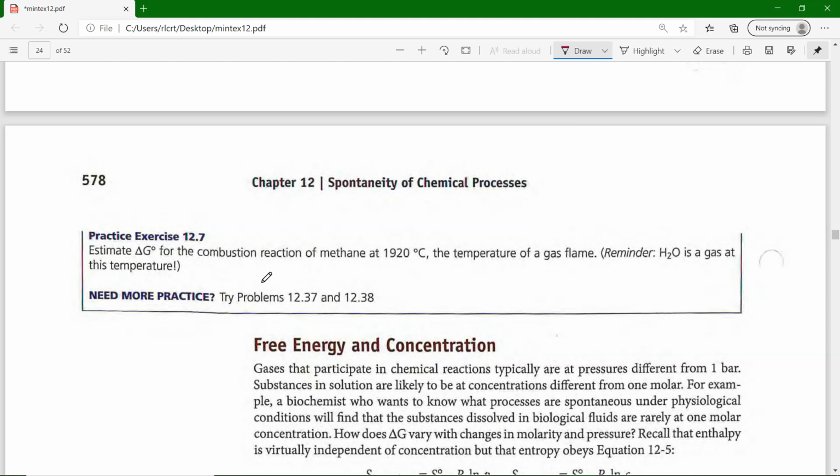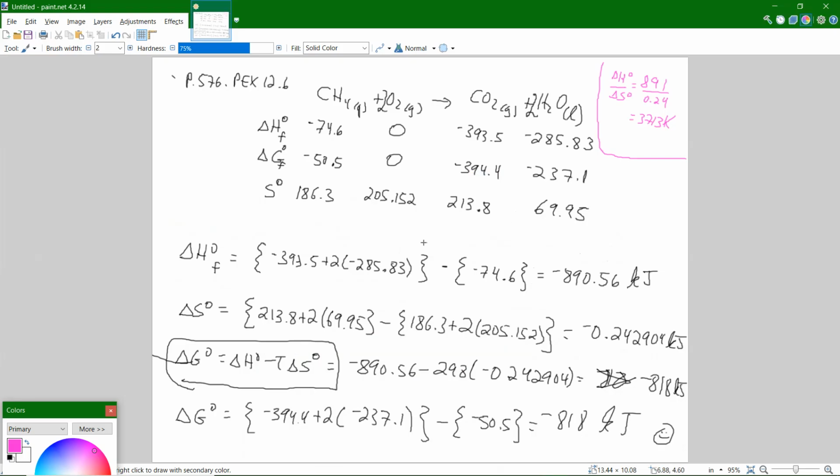So delta G naught is delta H naught minus T delta S naught. Well, no, I can't even do that. I have to get delta H naught. I can do this. I can go back to this one here, and let's get the value for H2O gas.